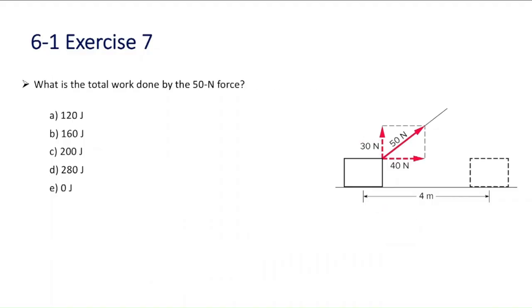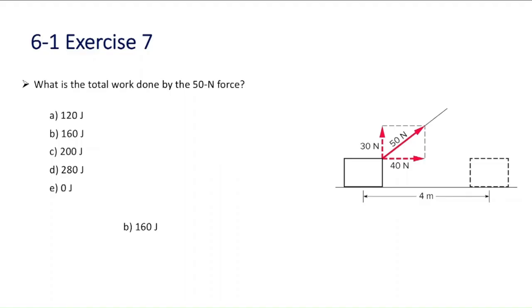Okay, we have talked about the horizontal and vertical components separately. Now let's put it together. What is the total work done by this 50 Newton force? What do you think the answer is? The correct answer is B, 160 joules.